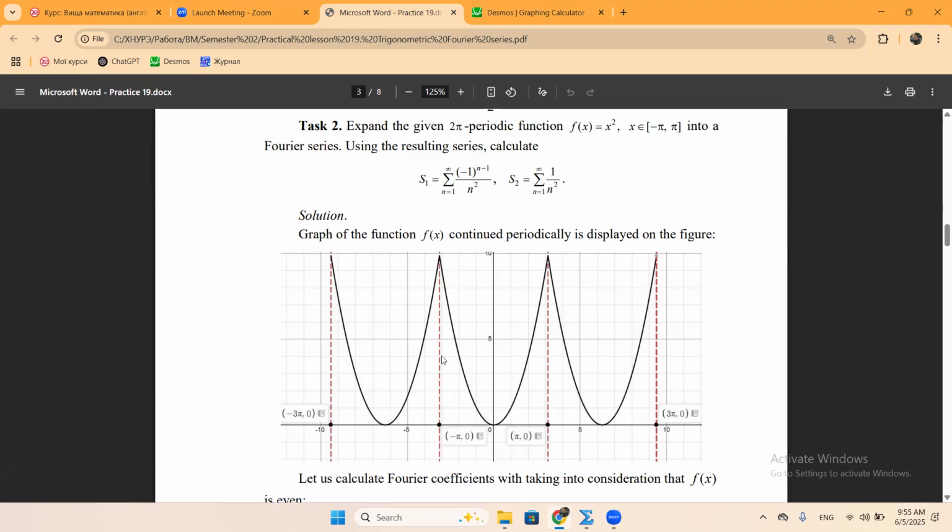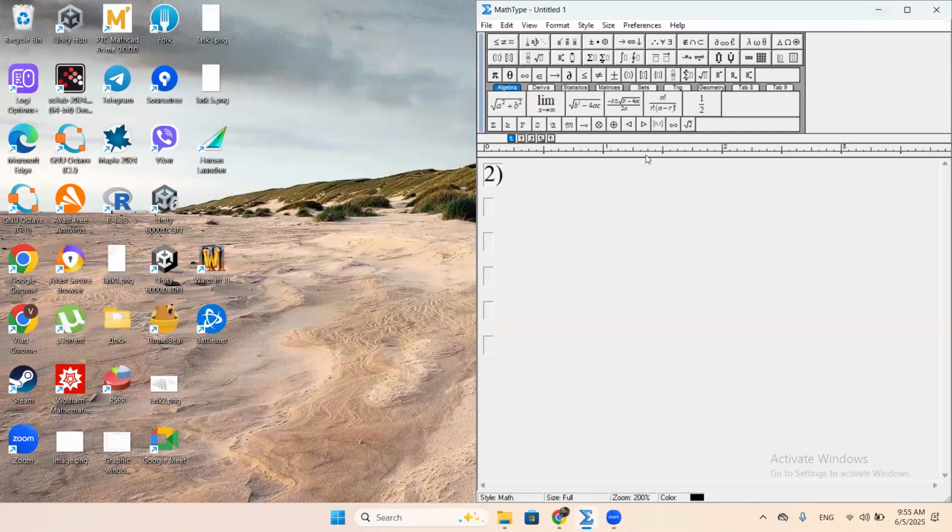So we see how the function f from x is continued periodically. Now let's calculate coefficients for this function. Because function f from x is even, x square is even, the square function is even. So in this case, all coefficients Bn are 0.